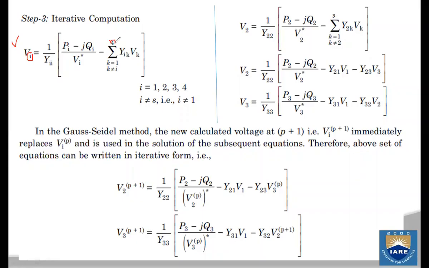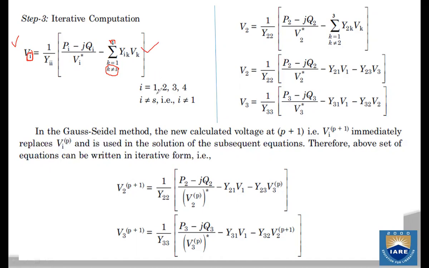If there are n number of buses, this will be n. Suppose you are calculating the voltage at the ith bus, so this k should not be equal to i. This is the equation for getting the voltage at a particular bus i.